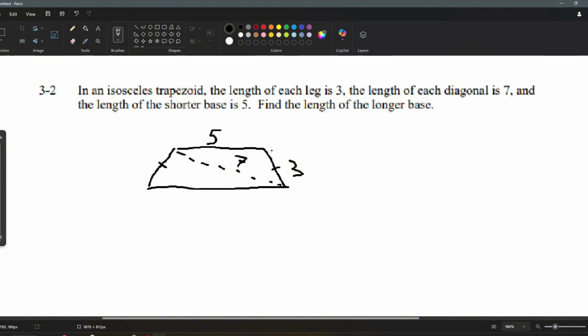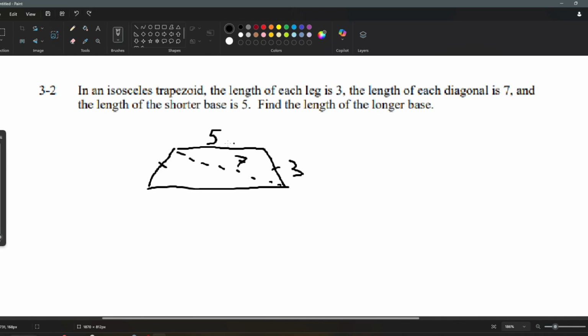Huh. I'm starting to see, are these two similar isosceles triangles? So this one here and this one here, is that, wait, let's see. So on the base there is this angle and this angle. And on this one there is, no, those are not the same. Okay.